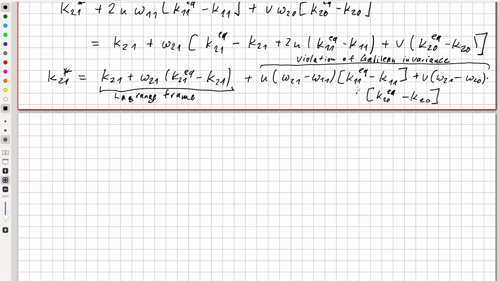The thing that violates Galilean invariance is that if k11 is out of equilibrium, then this generates or destroys some moment k20 at k21 if and only if there is a velocity.